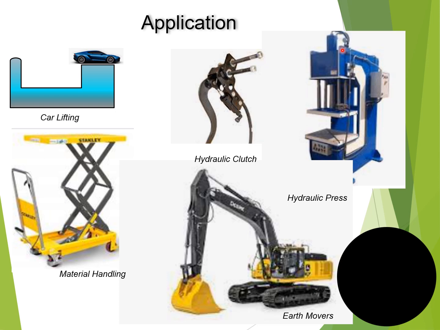Then the hydraulic presses. Here you put your job, and then this ram comes down, presses, and gives you the desired results. Then these are the material handling equipment. This is the scissor table. Then we have a lot of hand pallet trucks, where a hydraulic cylinder is used.